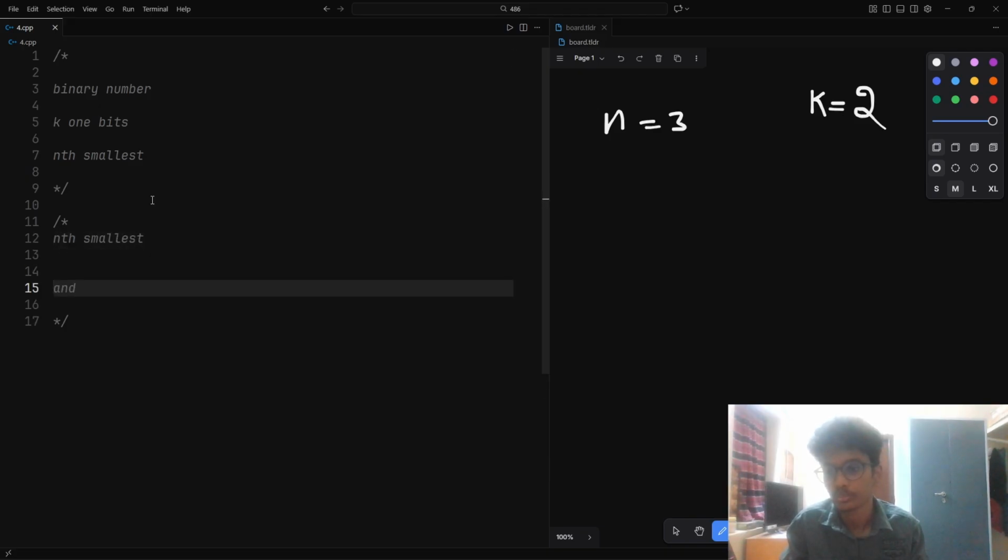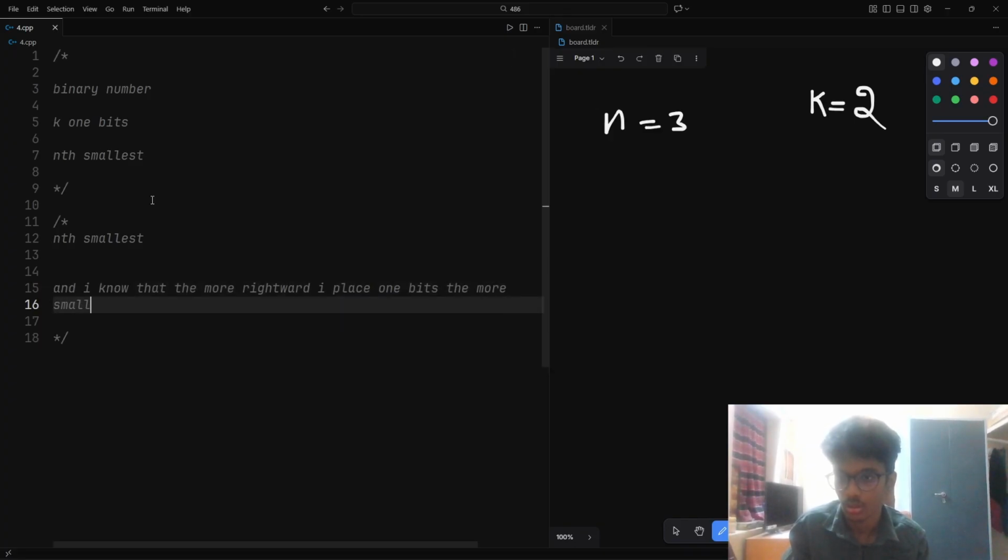And I know that the more rightward I place 1 bits, the smaller the number I get. Since I need to find something that's smallest, I need to shift the bits as far rightward as possible.